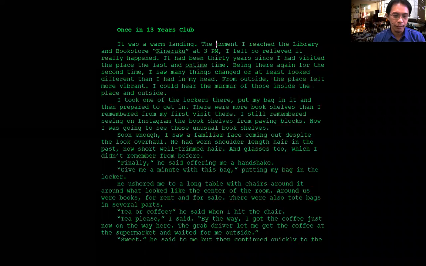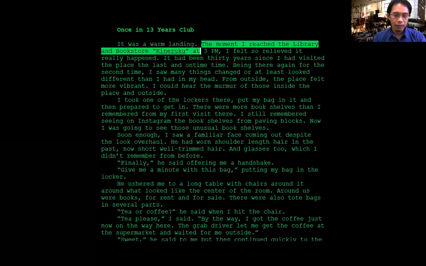Warm landing is about the situation when I got to the bookstore and library and I felt good about it. Why was it good? Because it had been 13 years since I had been there last time. And when I got there, I saw a lot of things change, but it felt vibrant.